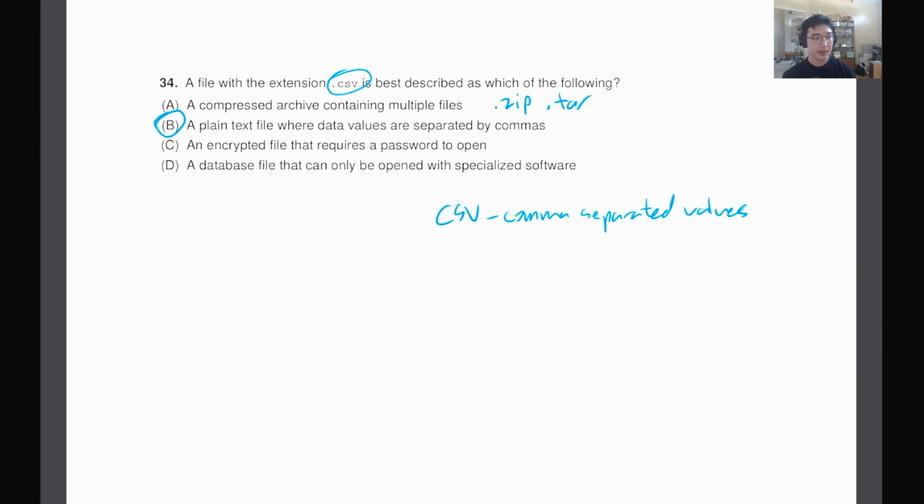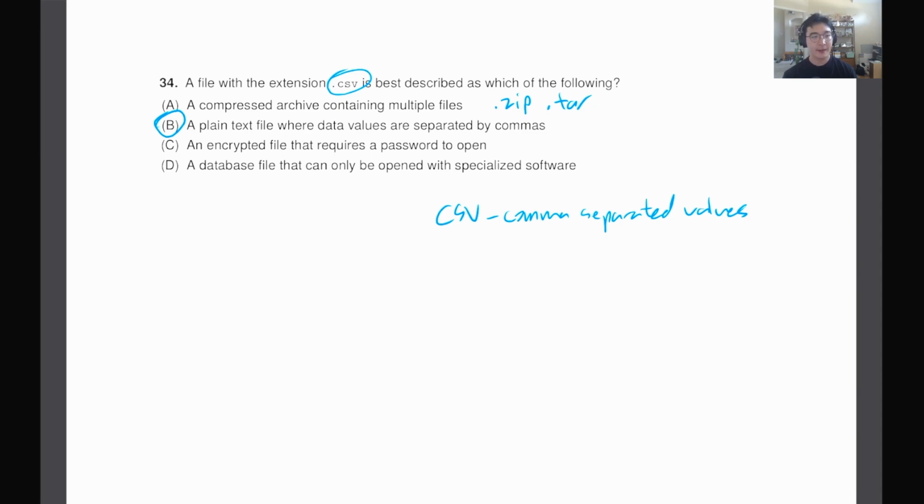And that's not .csv. So that might help you eliminate A. What about C, an encrypted file that requires a password to open? Have you ever encountered that? Maybe, but you can encrypt a lot of things that require a special password to open. This isn't unique to any particular type of file. You can password encrypt a lot of different things. So it's pretty broad.